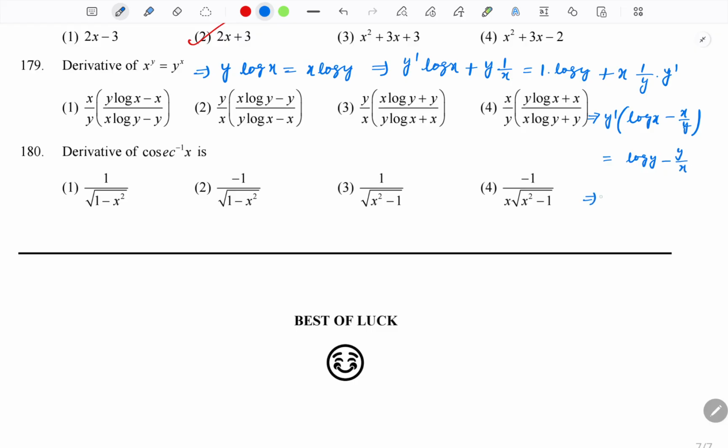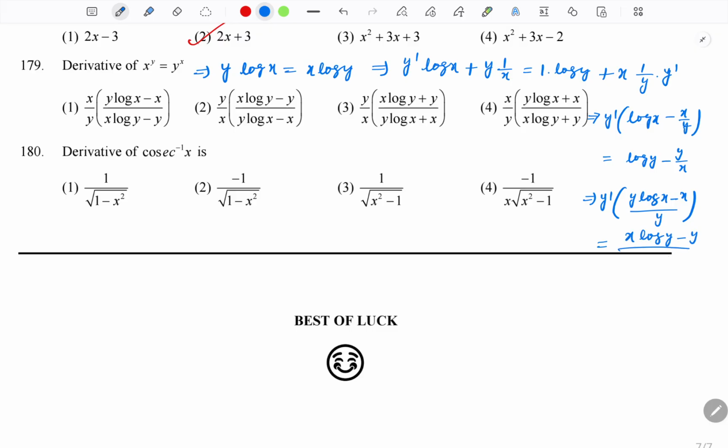Then y dash equals this. First I will write one more step for better understanding: y dash times y log x minus x by y is equal to, how much on this side? x log y minus y by x.